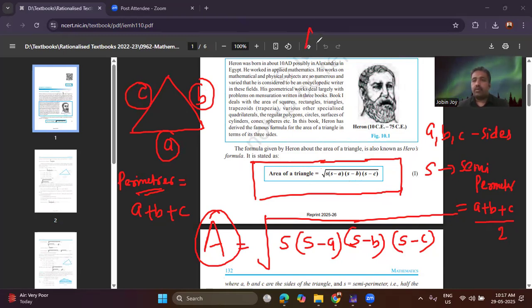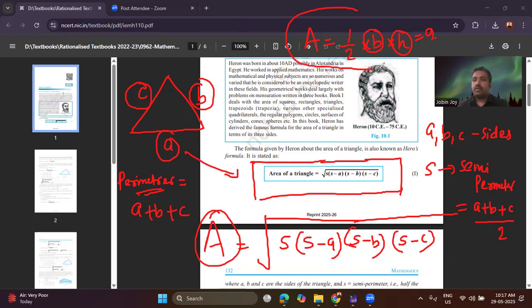You have one more equation. I already told you area equals half into B into H, half into base into height, where B is the base and H is the height of the triangle. If we don't know the height, but sometimes we know the three sides of the triangle, then we can use Heron's equation.